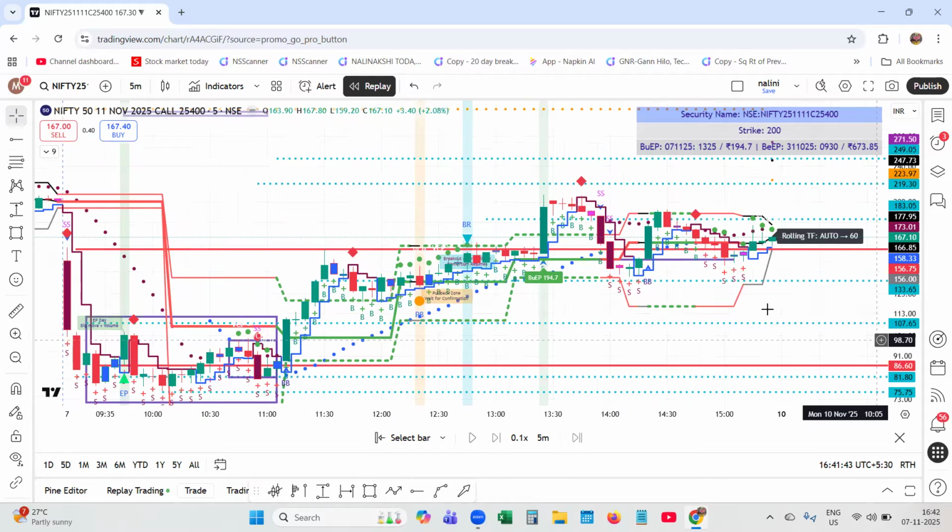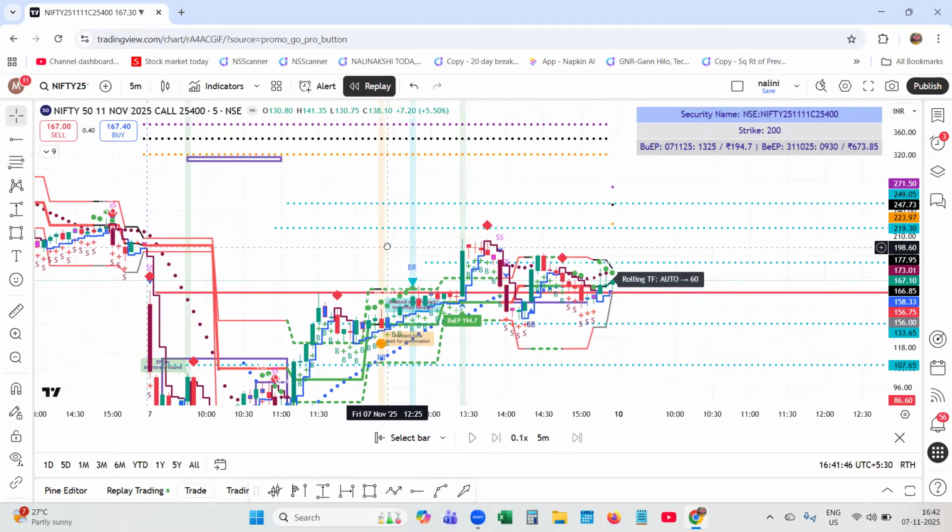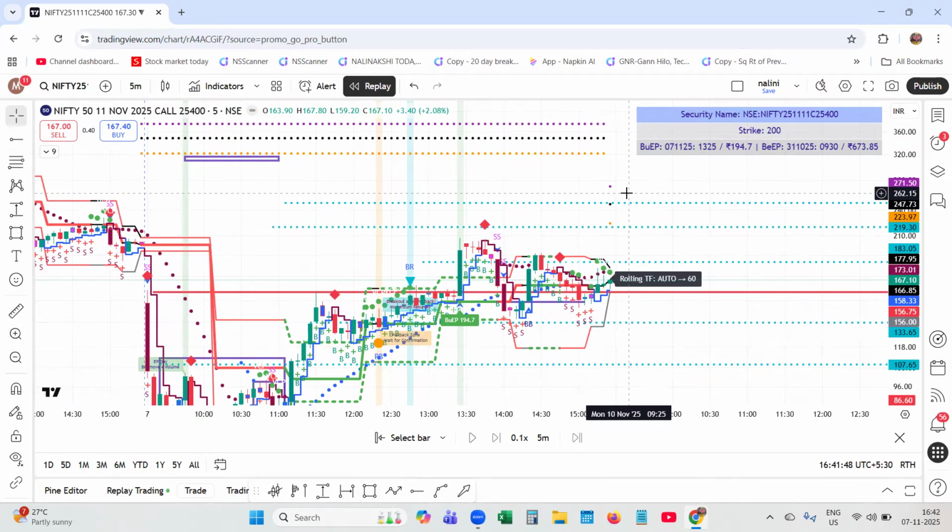You can see CPR was plotted over here. It is dynamic CPR, not like a dead CPR. It started plotting well before, and I was aware that I was going to get here itself. Around 145 itself, it was visible. I showed you.